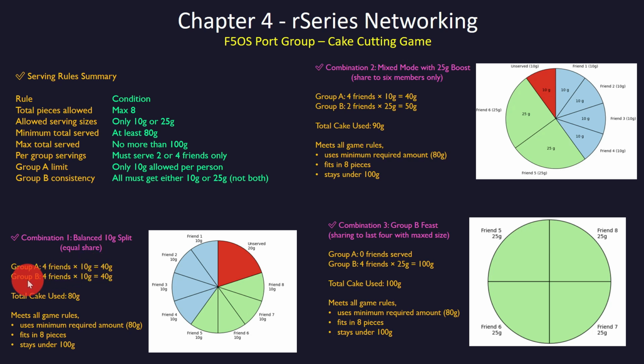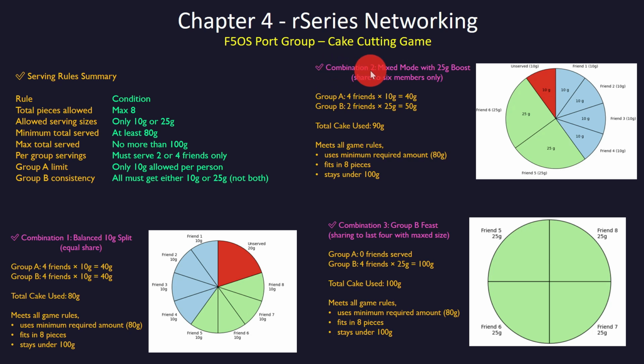Also, in group B, all the 4 friends get 10 gram each, so the total is 40 gram. Together, the total cake used is 80 gram. This combination meets all the game rules: it uses the minimum required amount, which is 80 gram, it fits within 8 pieces, and it is not exceeding 100 gram.